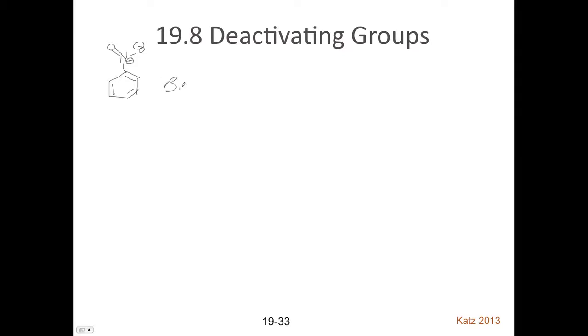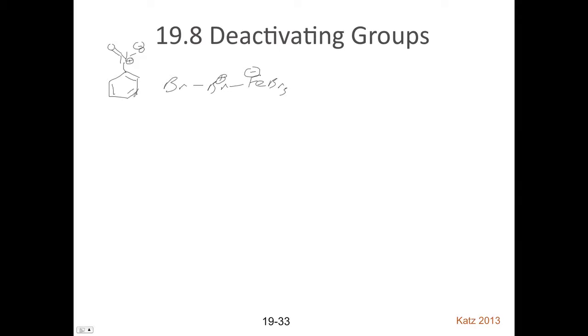We'll just do Br, Br, FeBr3. This Br is going to be plus, and this FeBr3 is going to be negative. From here, we take this pair of electrons and swing.